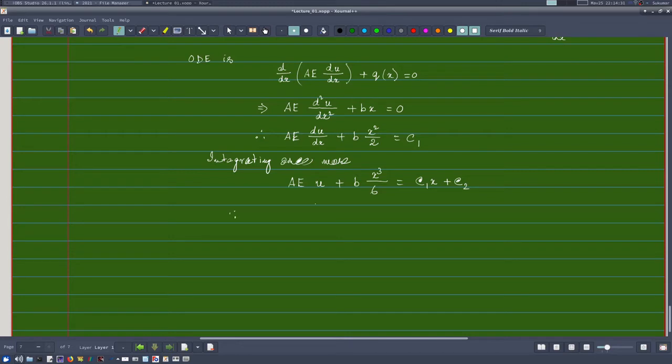So therefore I can find out the value of u as u will be equal to 1 upon AE multiplied by C1x plus C2 minus bx cubed by 6, right?